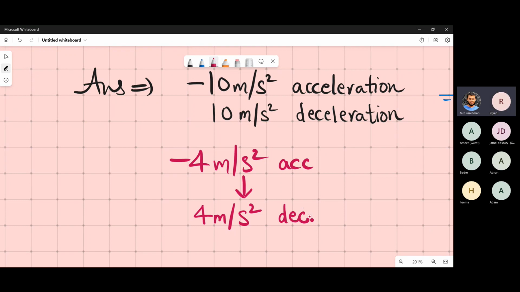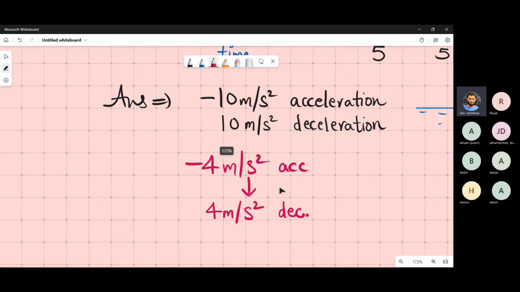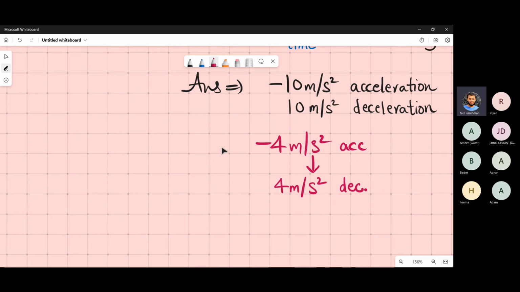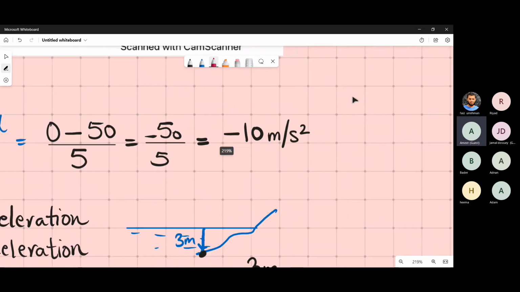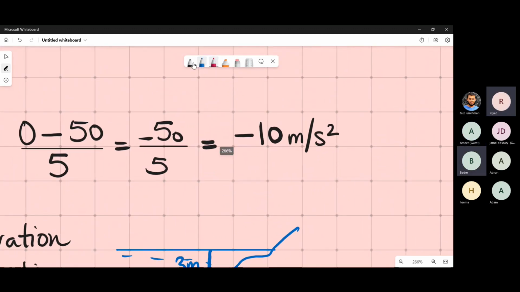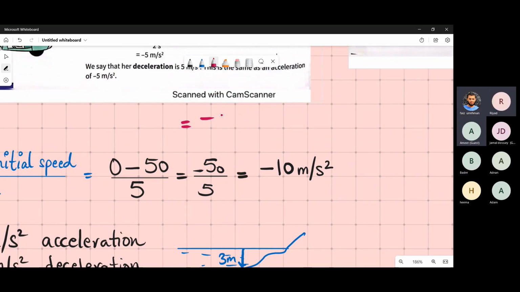Now you are asking why we have a square. Let's go back to the formula. What was the formula of acceleration? Final speed minus initial speed over time. The speed was in meter per second, and the time was 5 seconds.